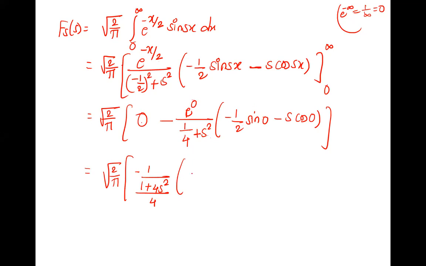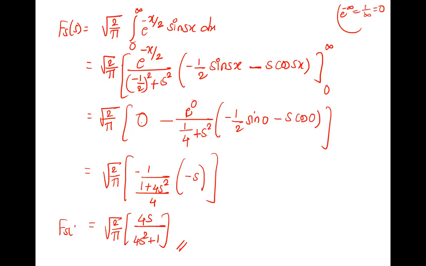So 0 into anything, this is 0, minus s cos 0 is 1. So this is just minus s. And then a upon b upon c, 4 will go to the numerator. Minus minus becomes plus, 4s upon 4s square plus 1. Done. This is your answer.